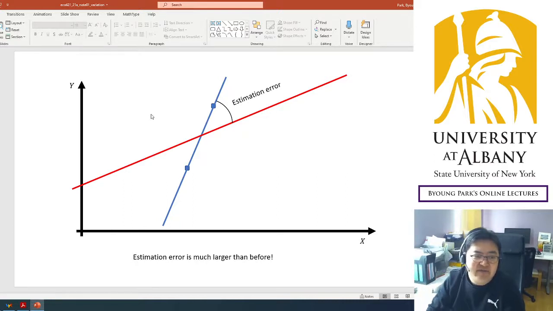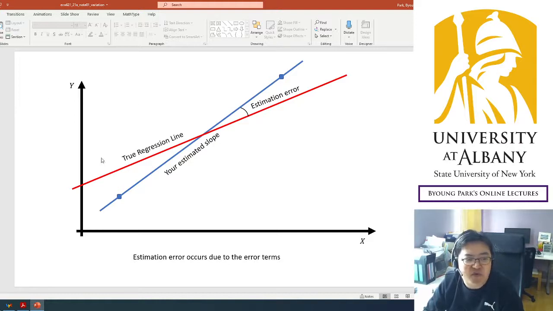Or if you think your estimator is not doing well, if your estimator is not accurate enough, then you may check the variation in x. The variation in x may cause some problem. Oh, for another example, I just came up with another example.